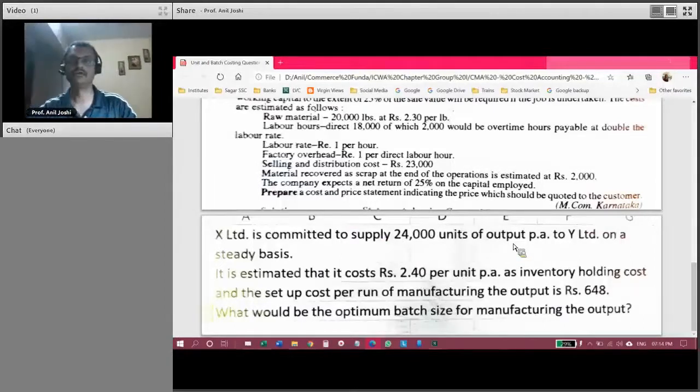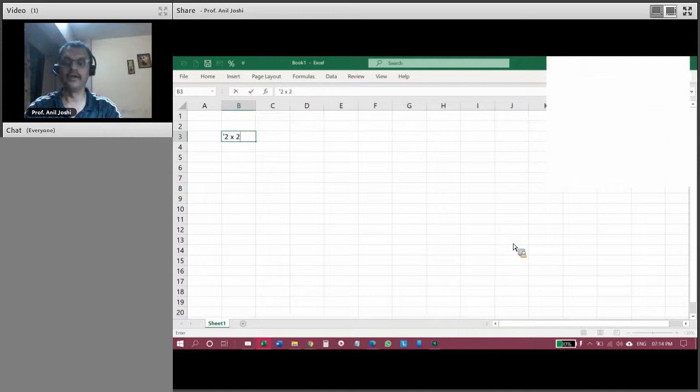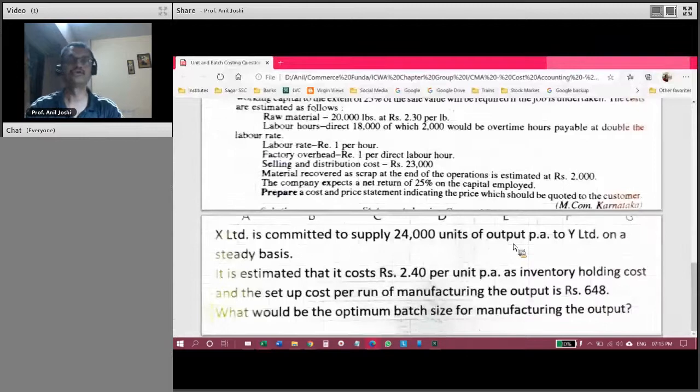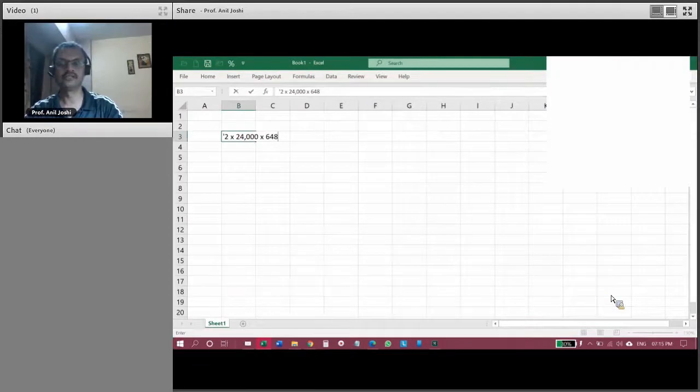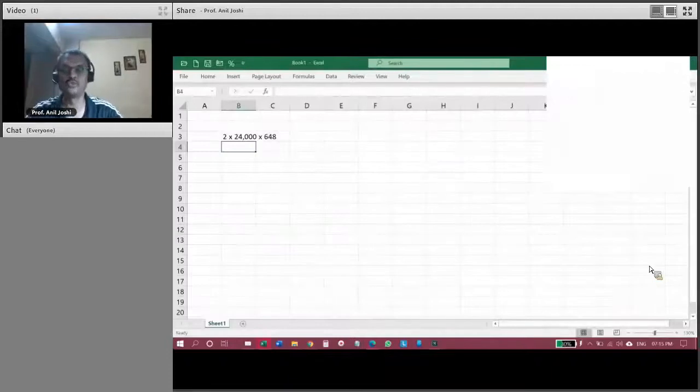That means your annual requirement A is 24,000. So 2 into A, which is 24,000, into setup cost. And what is the setup cost? The setup cost per run of manufacturing the output is rupees 648. So into 648. Correct? So that is your numerator, divided by your carrying cost, and it is estimated that it costs rupees 2.40 per unit per annum as inventory holding cost. So 2 rupees 40 paisa is your inventory carrying cost, right?